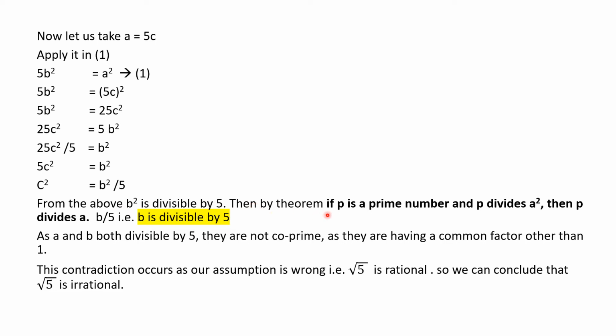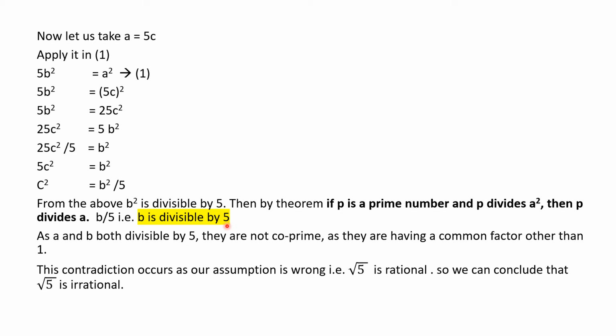Then by the theorem, if p is a prime number and p divides b square, then p divides b. So b is divisible by 5. First we showed that a is divisible by 5, and then that b is divisible by 5. But in the beginning, we said a and b are co-prime, that their HCF is 1.